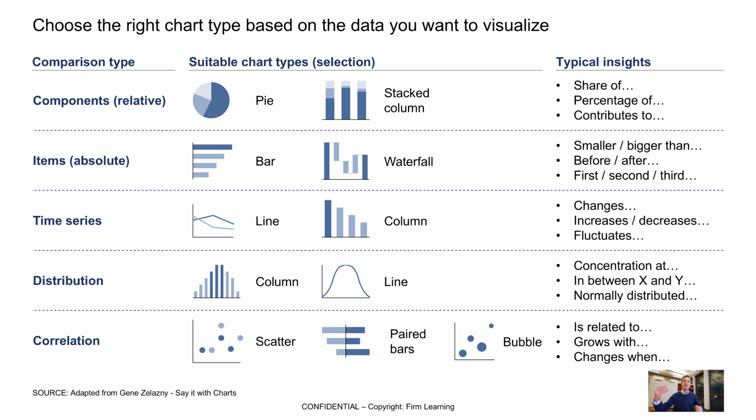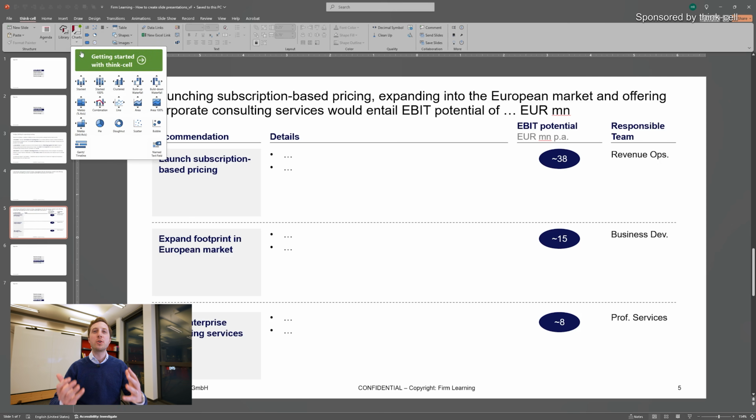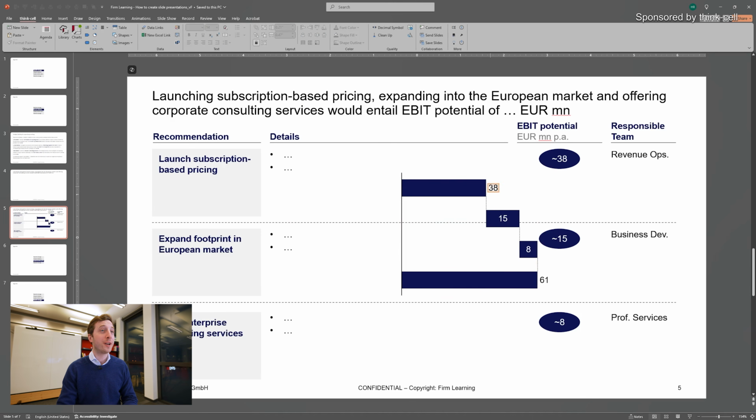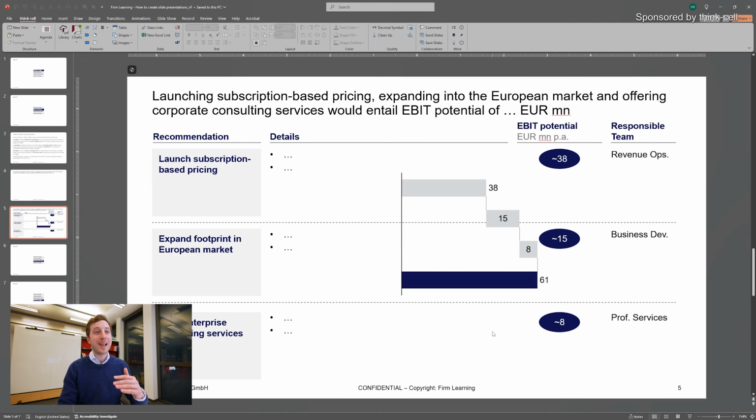You're always comparing some numbers with some other numbers. In this example, it is about the comparison of absolute figures, which is why you want to leverage the chart types for absolute item comparison. Here, for instance, a waterfall chart would be very well suited to be added to the page. And of course, you can nicely do that with ThinkCell as well.